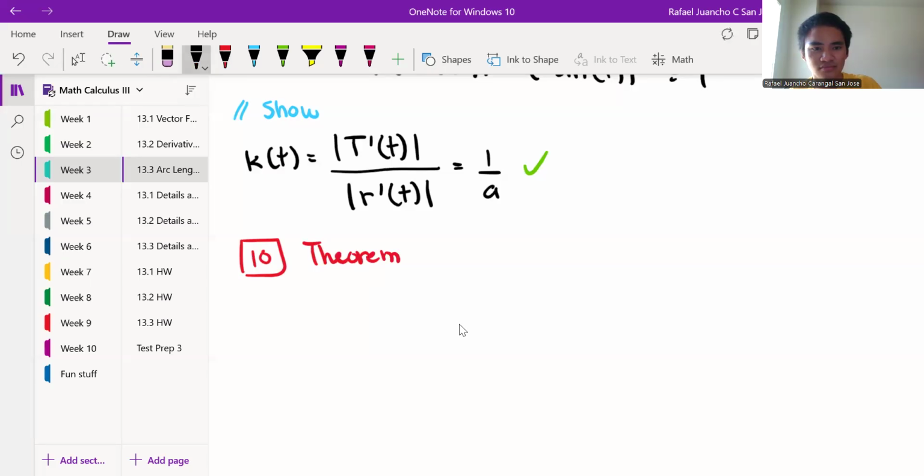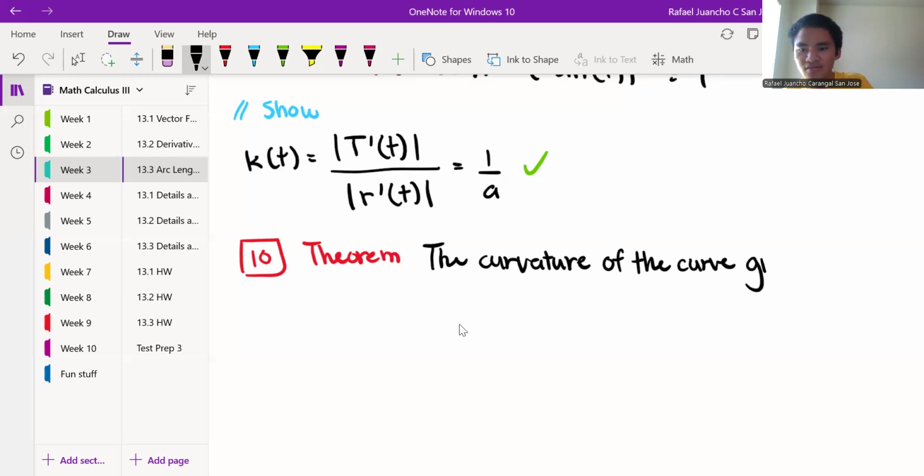So here the theorem states that the curvature of the curve given by some vector function, let's call it R again, is as follows.